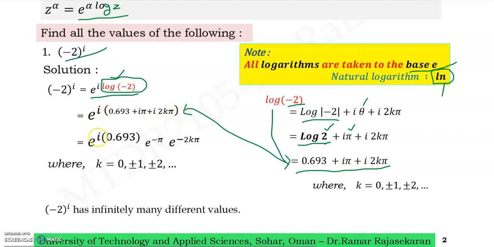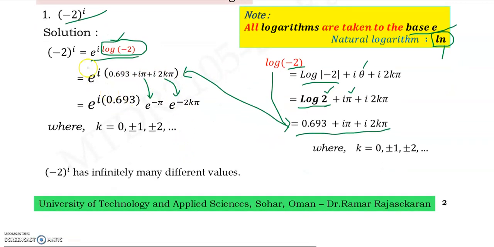So, e to the power i 0.693. Now, here i times i is i squared, which is minus 1, so e to the power minus pi. For the third term, i and i multiply, that is i squared, minus 1, so e to the power minus 2k pi.